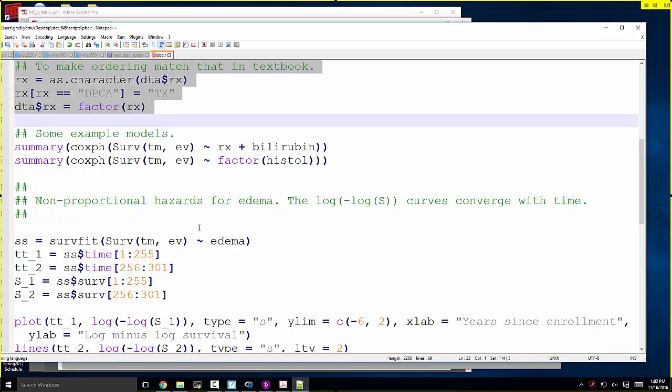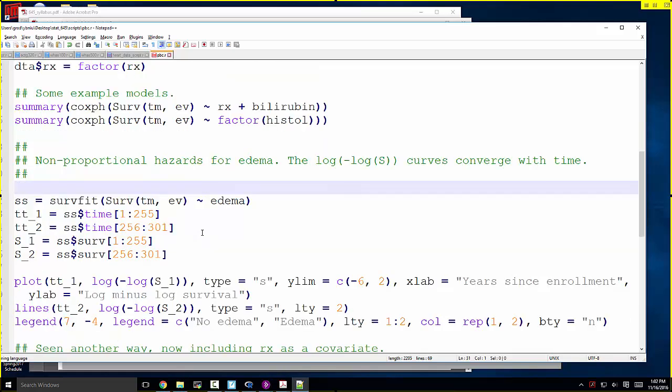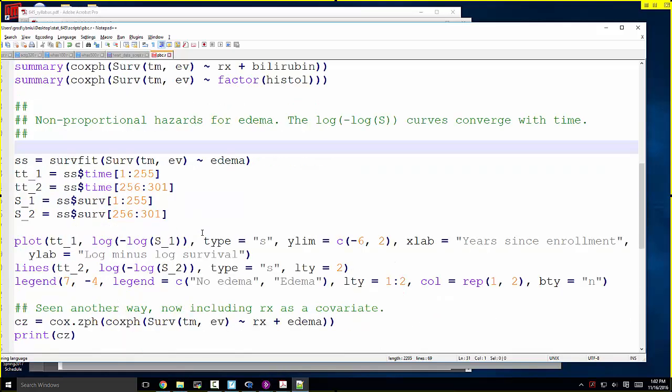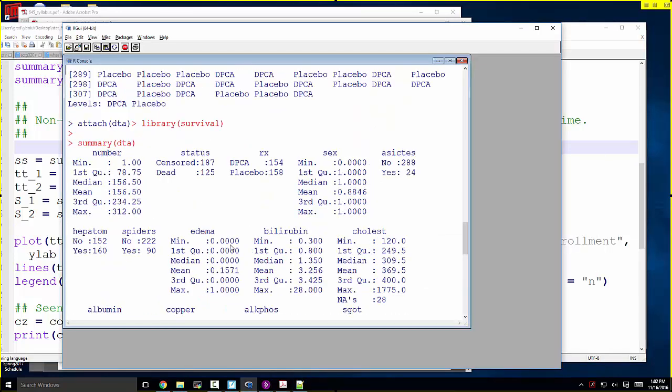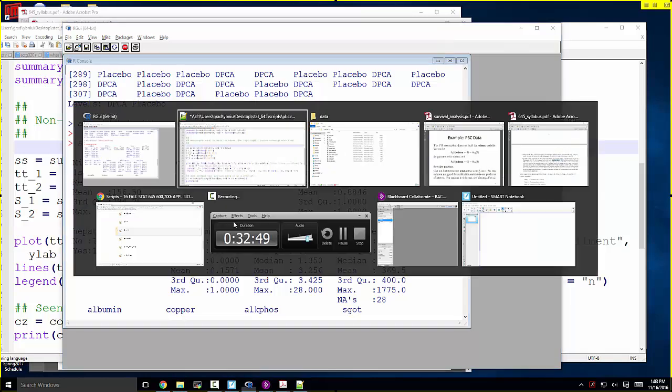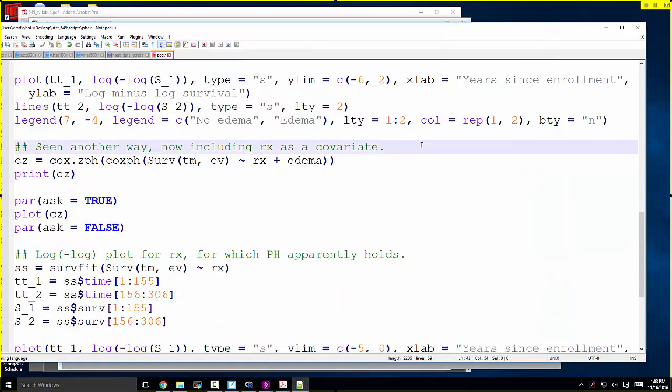All right, the thing I wanted to illustrate here was non-proportional hazards with respect to one of our variables. So we have several variables, and what I'm going to do next is ask the cox.zph function to assess proportional hazards with respect to some of these covariates.